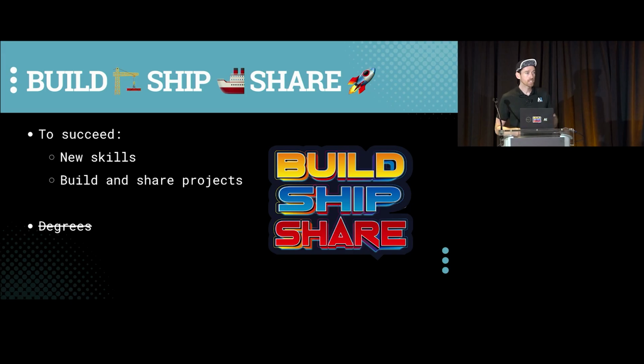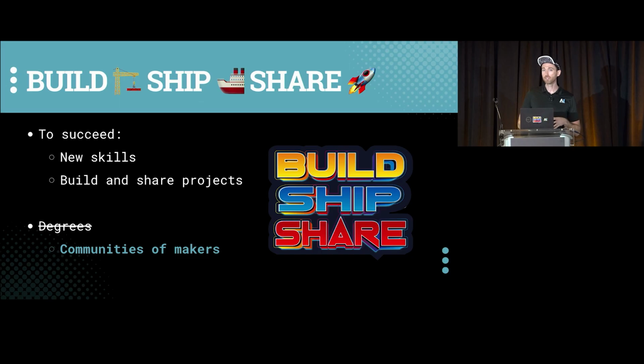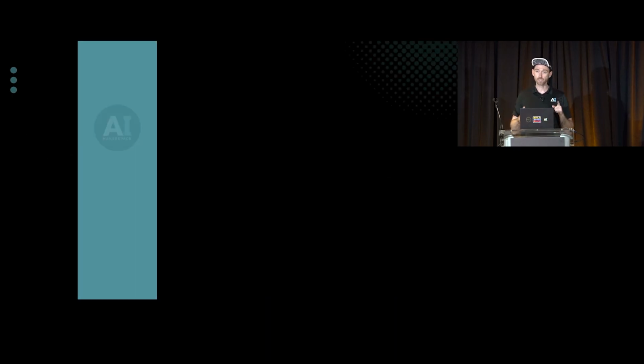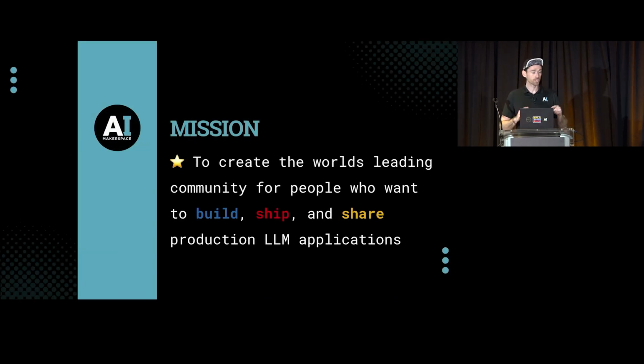It wasn't degrees, it wasn't PhDs, it wasn't pedigree that was getting people where they wanted to go. AI doesn't care about any of that, as you guys know. It was making stuff as part of a community. That community could be something you do outside of work, or something you're responsible for building within your work. Either way, if you don't do this, you're not going to be able to generate huge ROI for yourself, your family, your community, and the world, or your company.